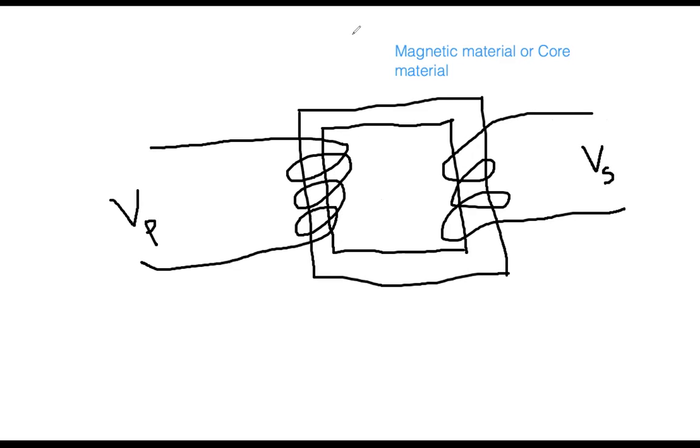It is called the secondary side. This side is secondary and this side is called the primary. And instead of left side or right side, in engineering terms it is always called the primary circuit, and this side is called the secondary circuit.